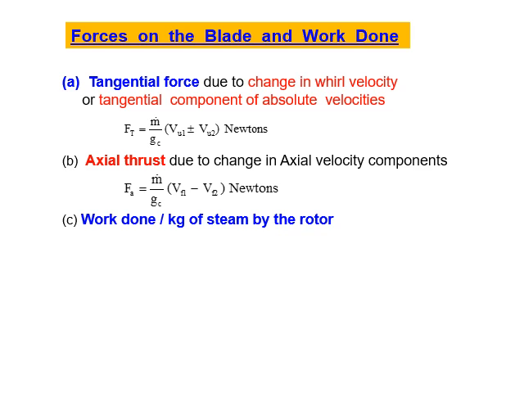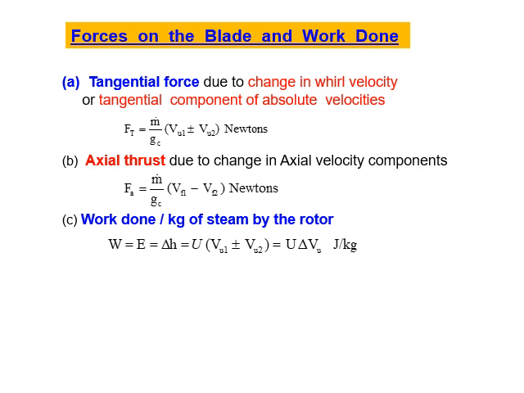The third one is work done per kg of steam by the rotor. It is calculated using the expression W. The work done is also termed as E or delta H. Work done is equal to U into Vu1 plus or minus Vu2.